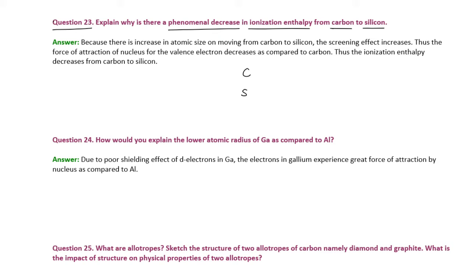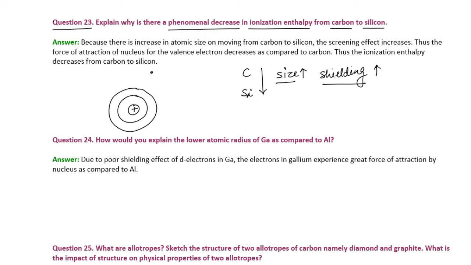When we go from carbon to silicon, there is an increase in size. Size increases, and at the same time shielding, or we can say screening, also increases. So as screening and size increase, the outer electron is less attracted towards the nucleus.